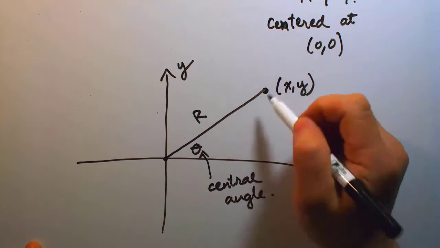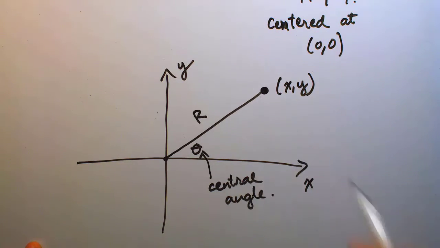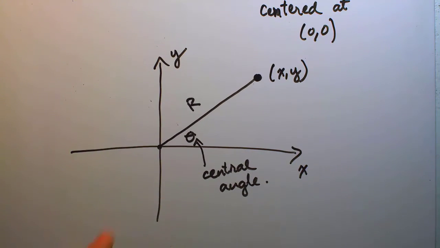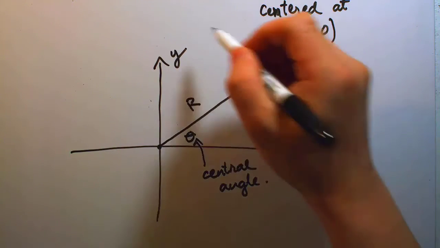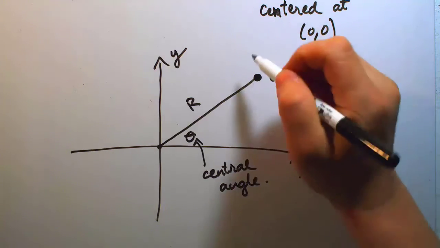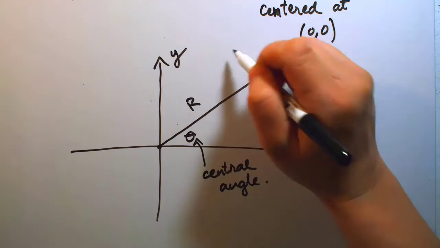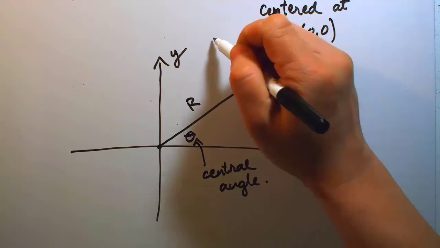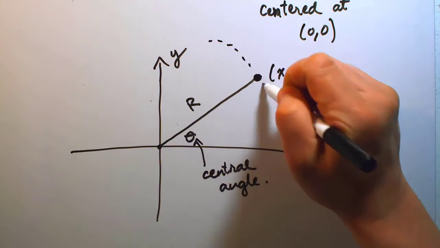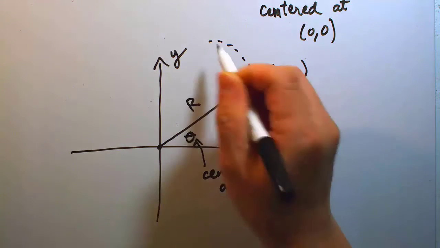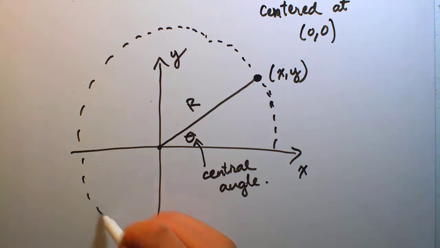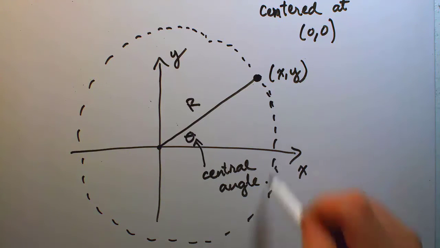The only connection I need to point out here is that your circles no longer have to be the unit circle, but once I nail down that radius, there will be an imaginary circle centered at the origin going through the point. But keep in mind that this is a general circle.